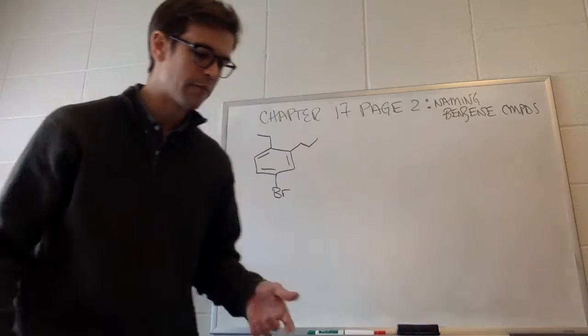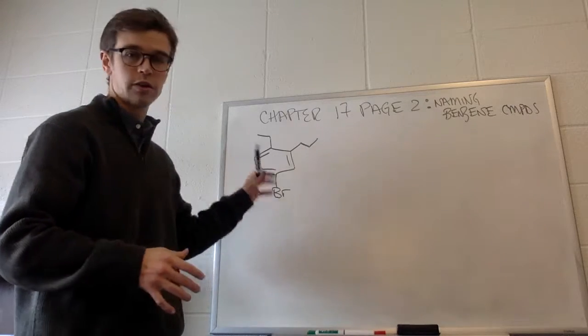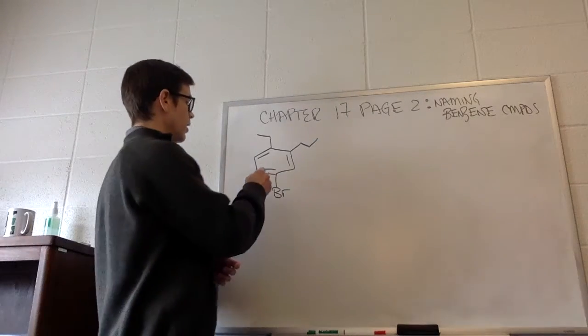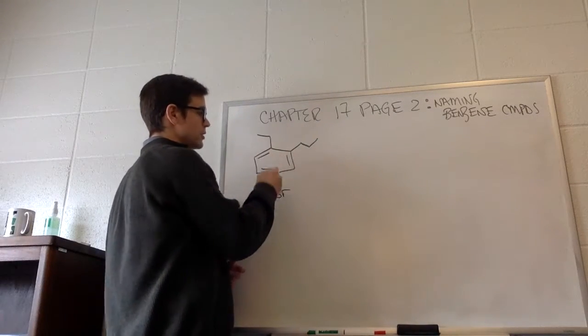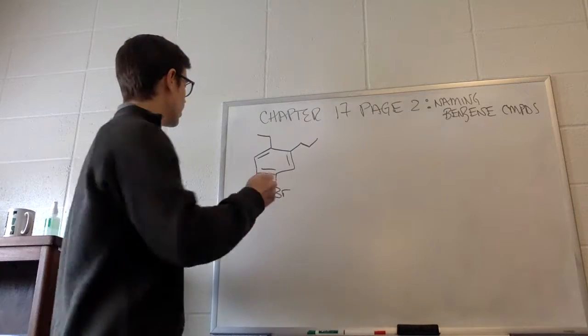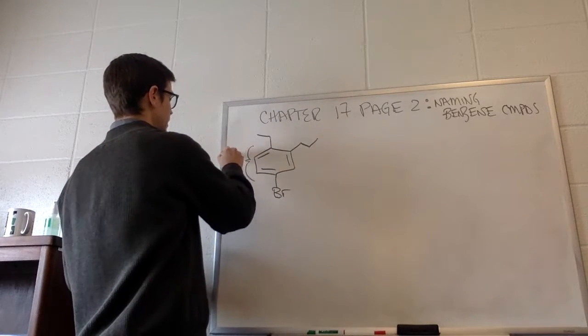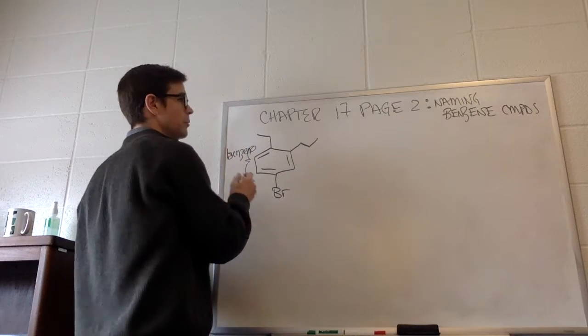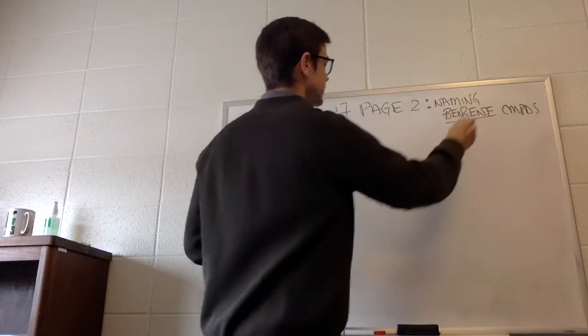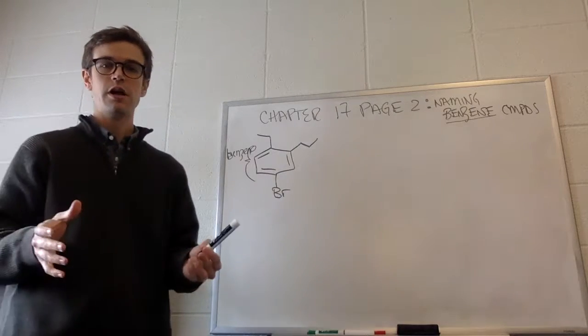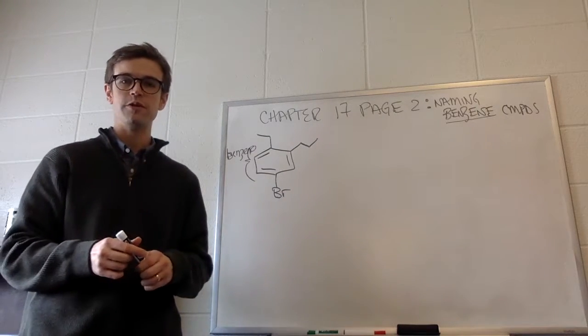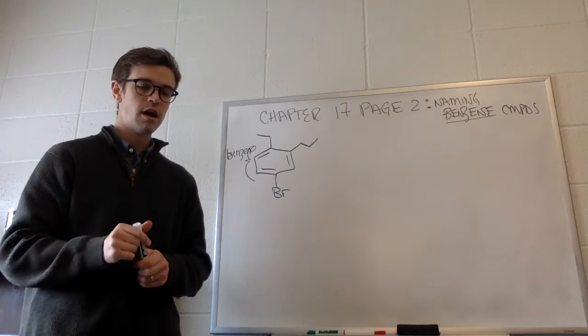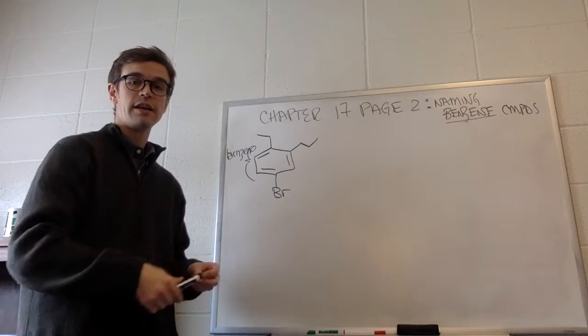And then the other thing that I'm going to say is that molecules that contain this 6-membered ring with these 3 pi bonds are called benzene. So essentially you're going to do the same type of naming that you would do for any type of alkane, but you're just going to end in benzene.